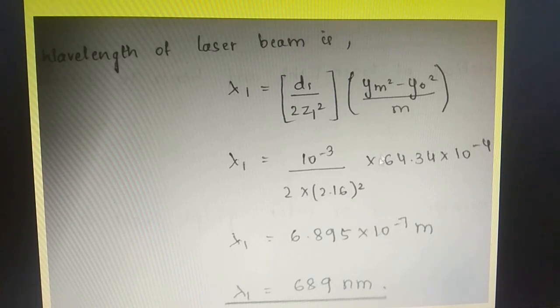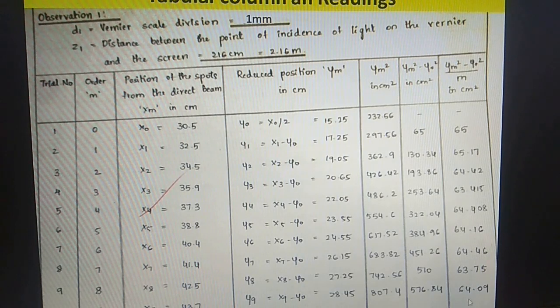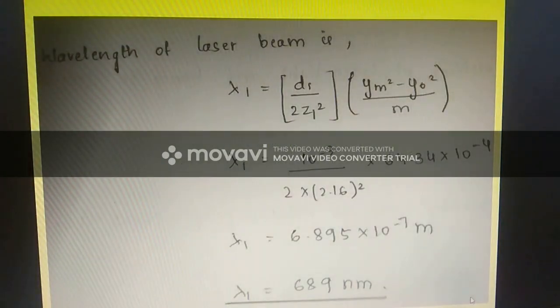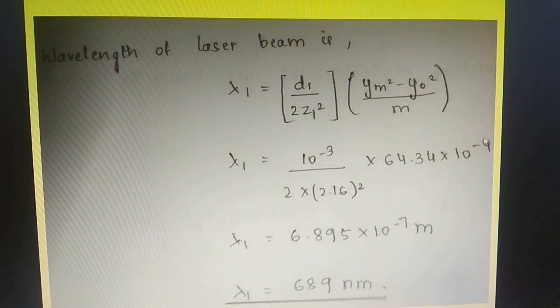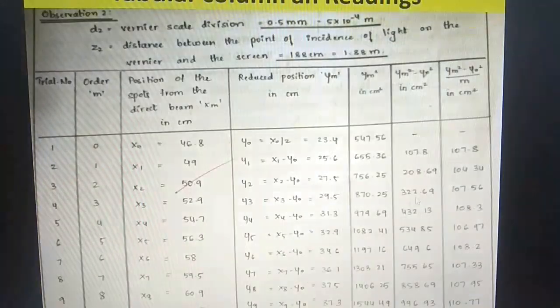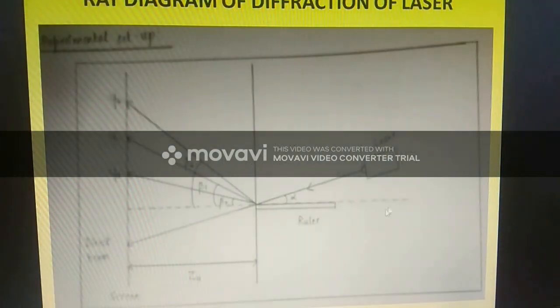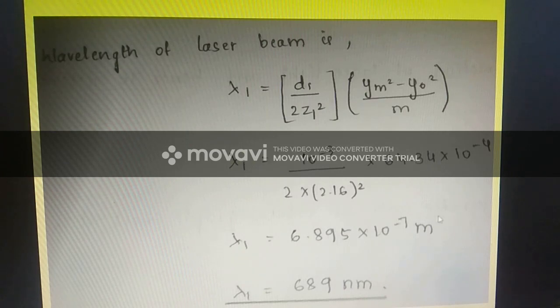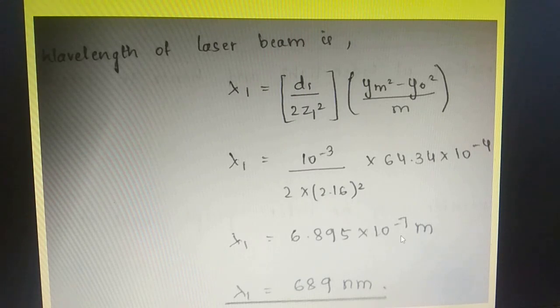The mean is 63.34, in centimeter square, and you make it meter square, so you get 64.34 into 10 to the power minus 4 meter square. Then if you calculate this, you get lambda 1 as 6.895 into 10 to the power minus 7 meter. So lambda 1 is 689.